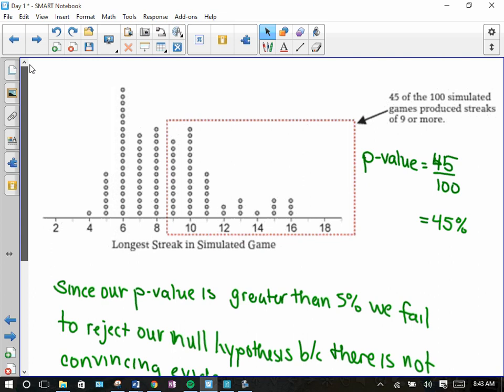How many completions in a row did Tony Romo have to get in order for us to say he had the hot hand?